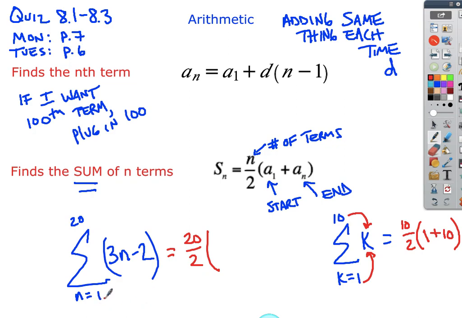The starting term is what I would get by plugging in a 1: 3 times 1 minus 2 is a 1. My ending term is what I get by plugging in a 20: 3 times 20 is 60, minus 2 is 58. Okay, so that's a recap of arithmetic.